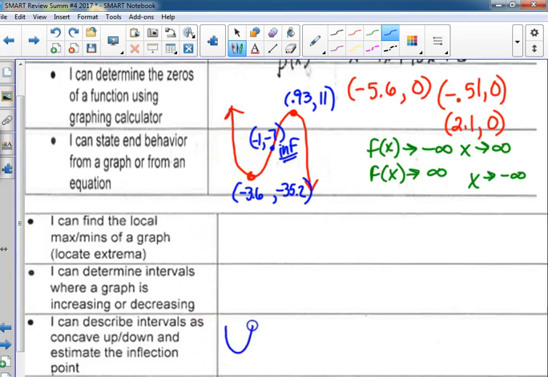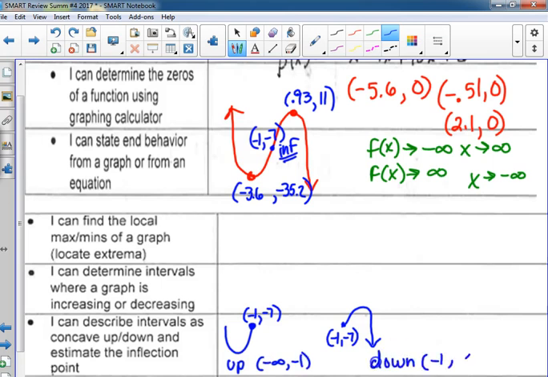It's concave up here, and it's concave down here, and the x value was at -1. That's what we're using.